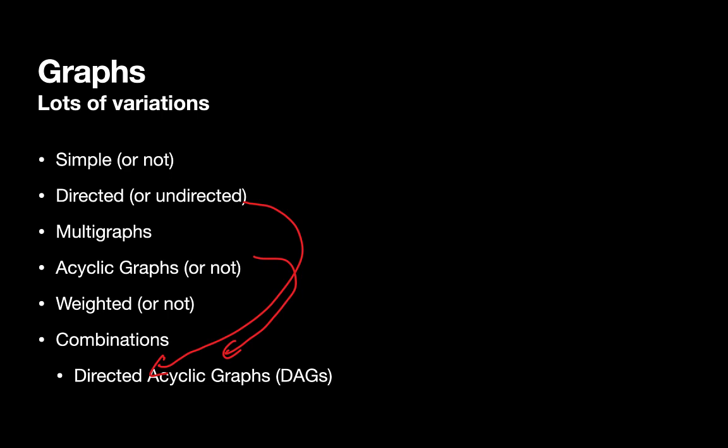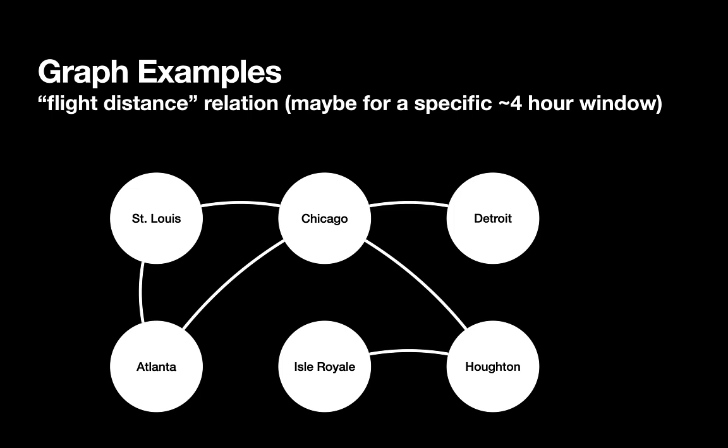Okay, I want to take a look at another example. I want to look at a common example of a flight distance relation. Here, when I say distance, what I really mean is time. We could think of how far away some place is, its distance, in terms of the amount of time it takes to travel there. In this case, I'm going to think of flight time, so flying from one place to another. I'm going to assume that this is a specific 4-hour window starting at some time.